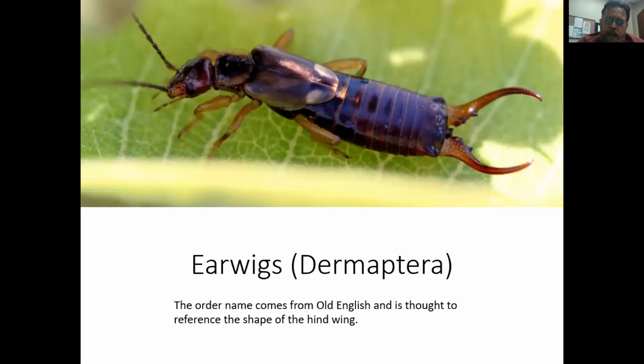And the wig part of that is an Old English word that means insect or beetle. I can't pronounce Old English very well, but it was something like wigga. So that's where they get that name, but generally harmless and nothing to be concerned about if you see it.